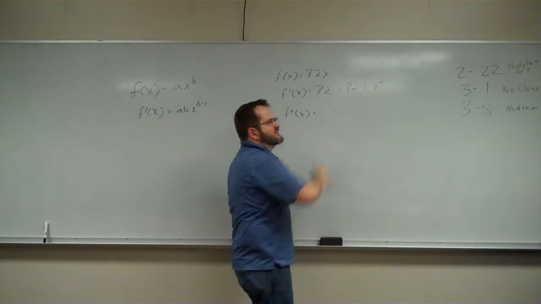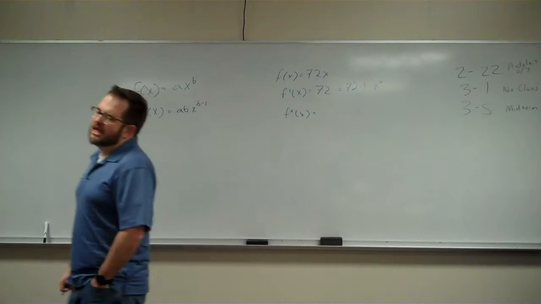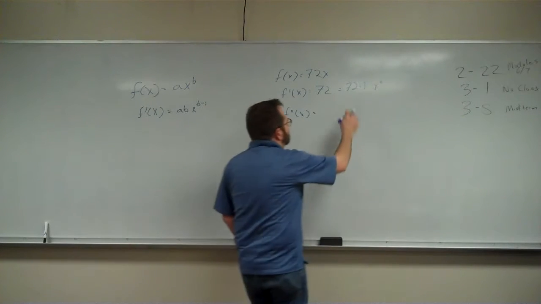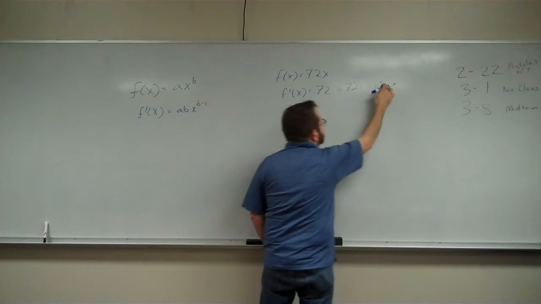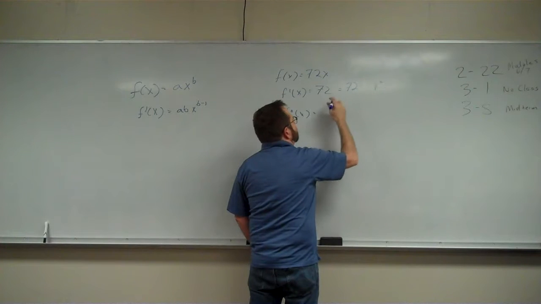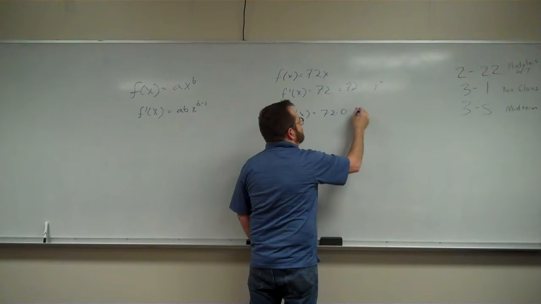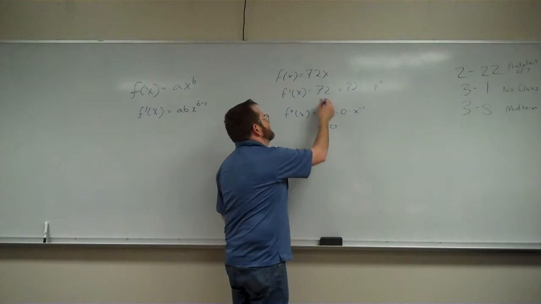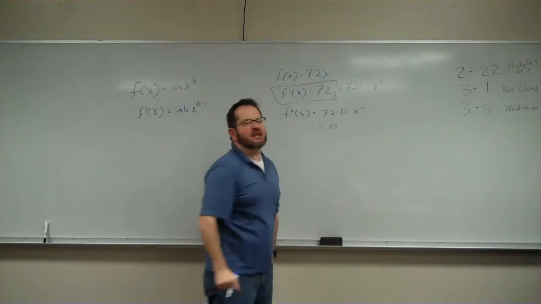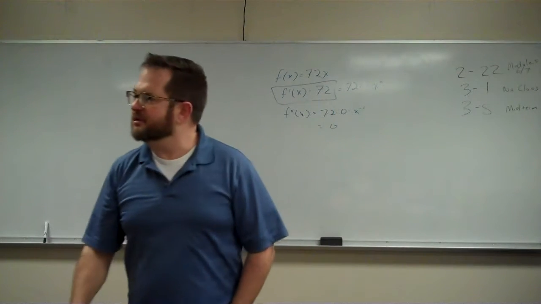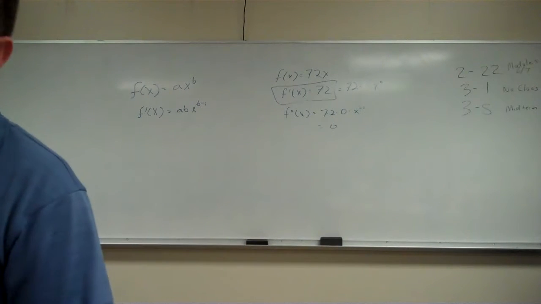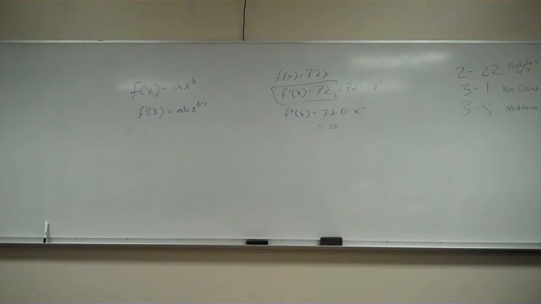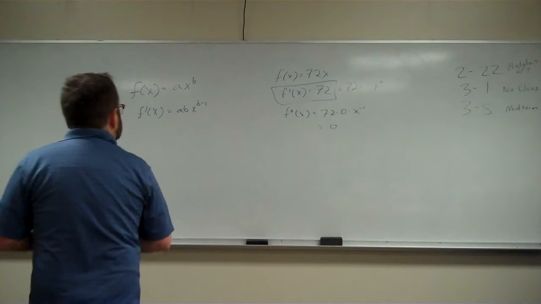Hey, what would the second derivative here be? So what is the derivative of 72? Another way of saying 72 is 72 times x to the 0th power. So let's see, 72 times 0 times x to the minus 1 is 0. Anytime you're taking the derivative of just a number, it's going to be 0, because you've got that x to the 0 implied in there. So if you graph that, what would it look like?